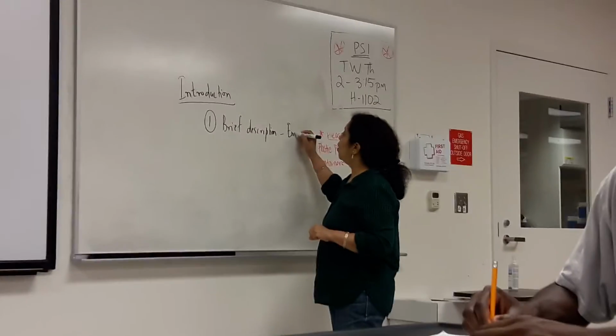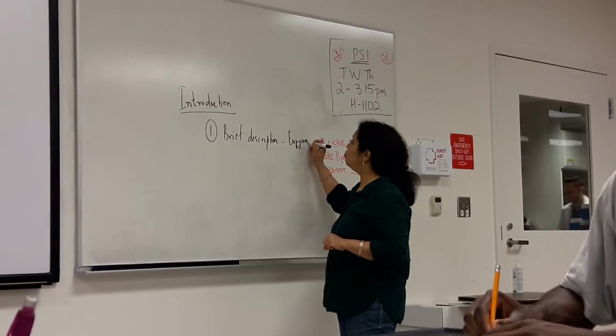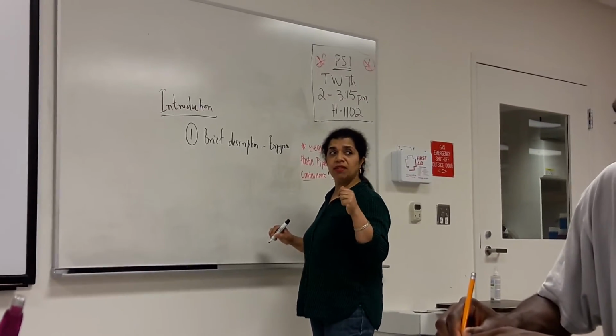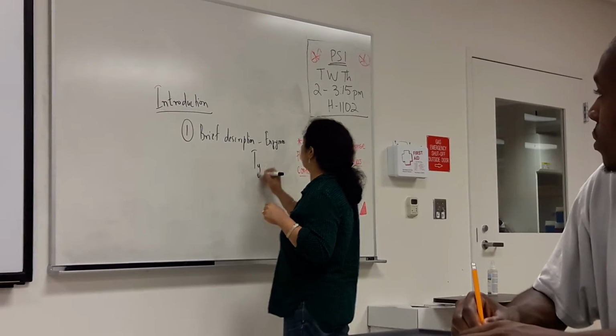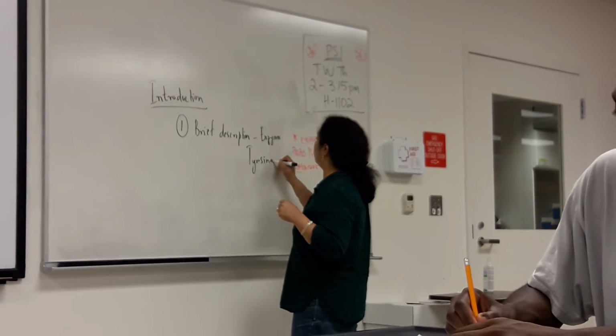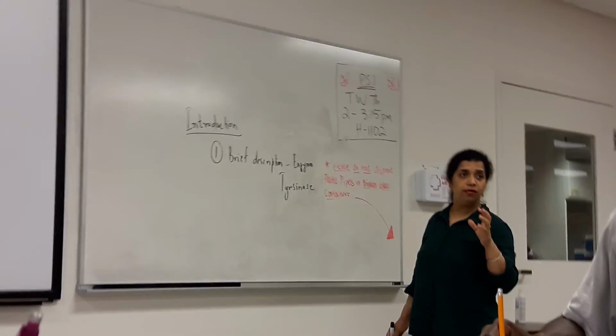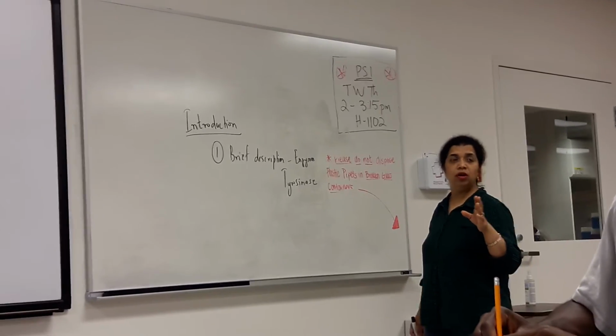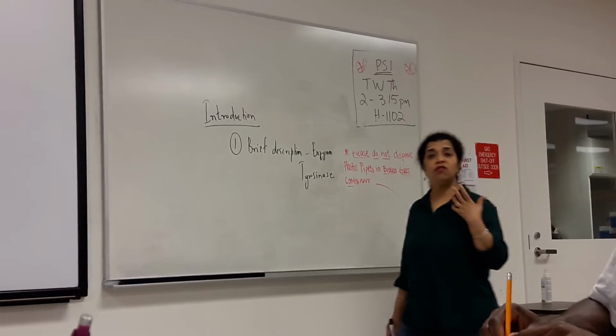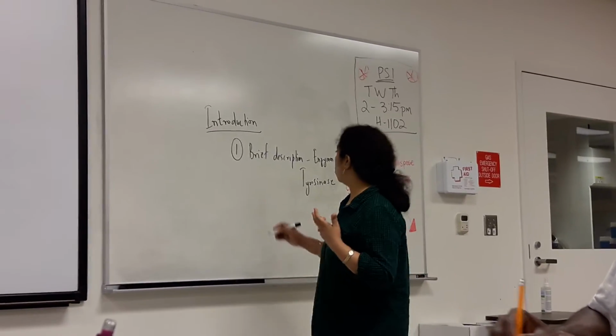In 1 paragraph, write 1 or 2 lines on enzymes in general, then 2-3 lines specifically on tyrosinase, because this is the specific enzyme we are working on.